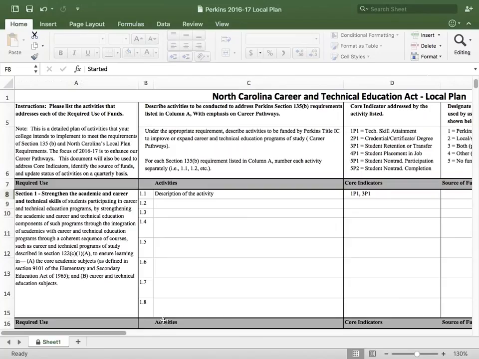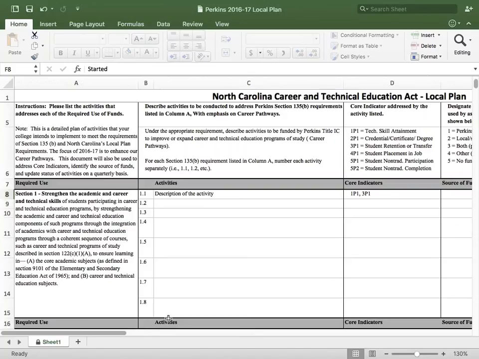That said, you may have activities that are of sufficient size, scope, and quality to improve your CTE student experience. I saw a great example of that yesterday with a student wellness center. That was a one-stop opportunity that dealt with everything from clothing, food needs, transportation, childcare.